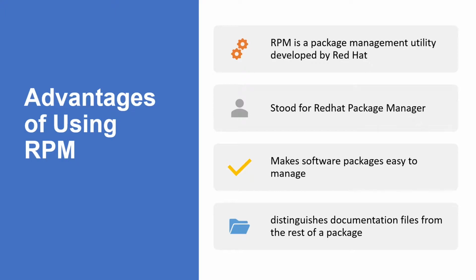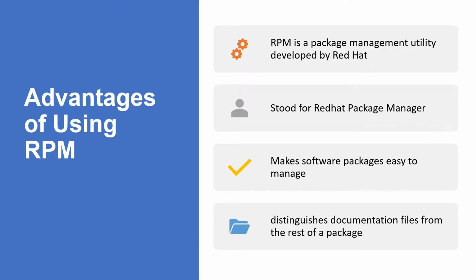When developers create a new version of a program, they usually release a new RPM package. Be aware that these files may not be usable for other Linux distributions. For system administrators, RPM makes the software packages easy to manage.